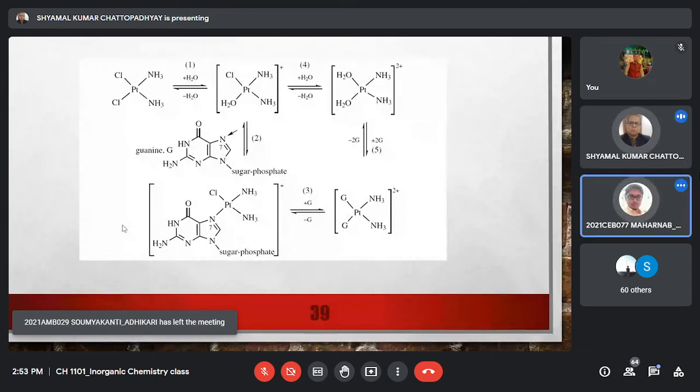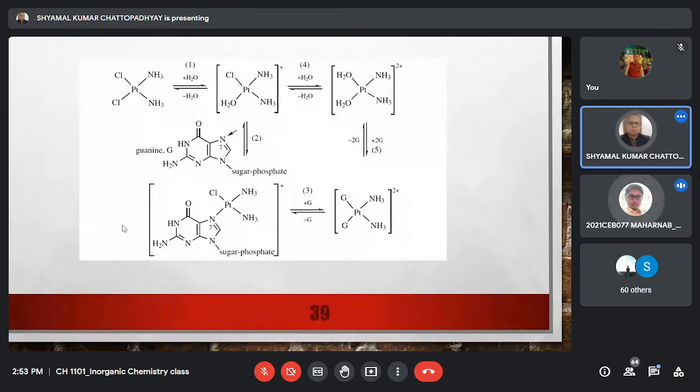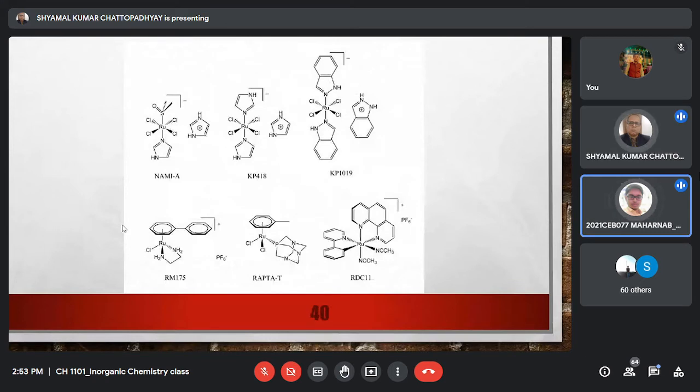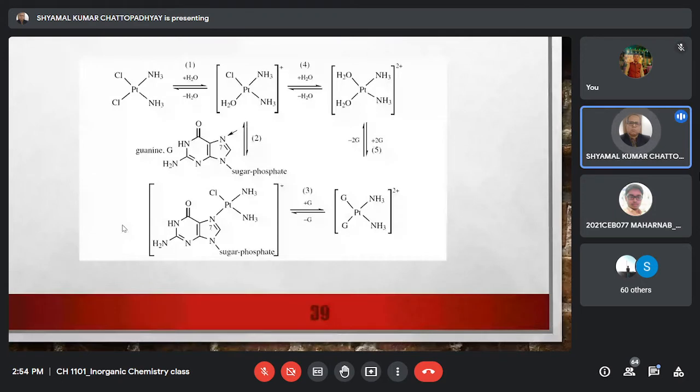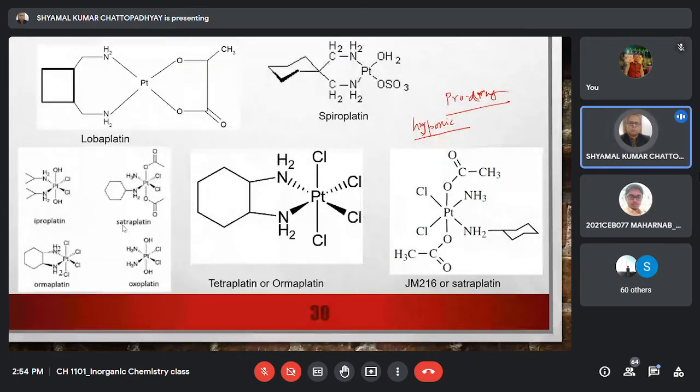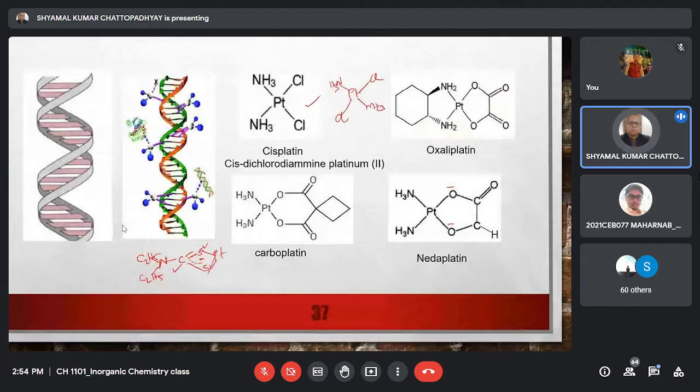Hello, sir. Yes. Do we need to remember the structures? Like if in the exam it is asked to give an example, we need to make the figures. Definitely. Yes, definitely. You follow the previous year's questions, you will find they ask to name 2 or 3 platinum complexes and write down their structures.